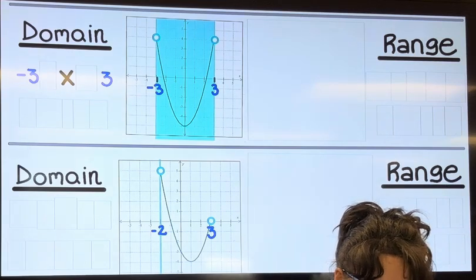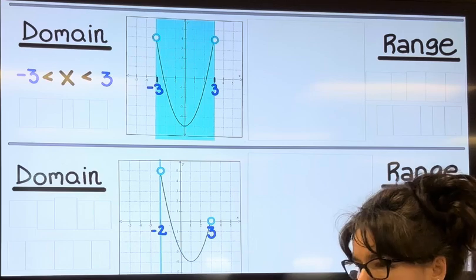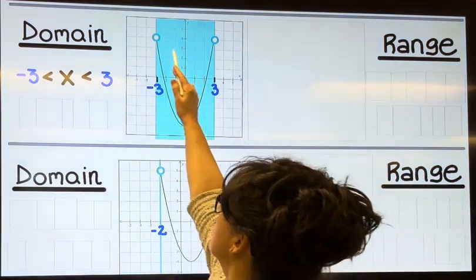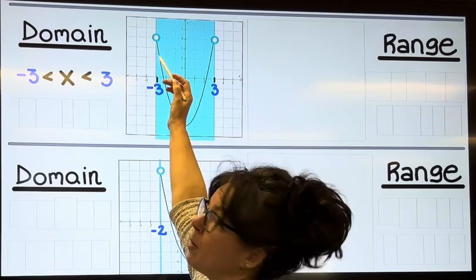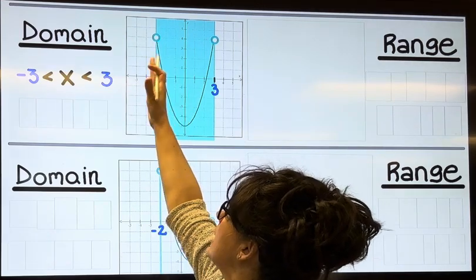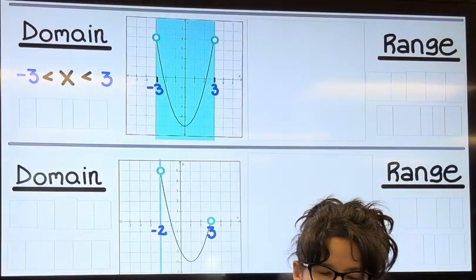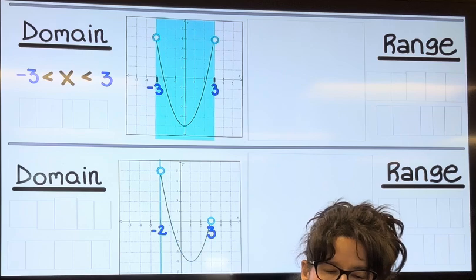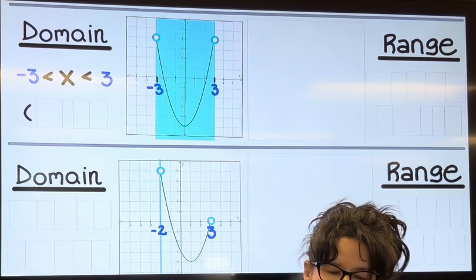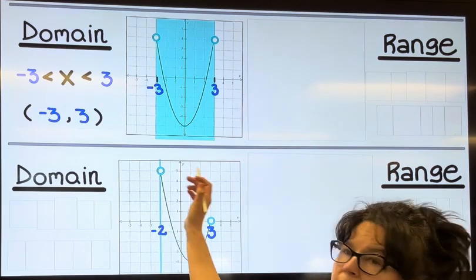My x's are bigger than -3 but smaller than 3, because see how it's an open dot, so I'm on the graph, on the graph, on the graph, but once I get left of -3, I'm not on there, and same with right. So interval notation: plain less than is a parenthesis, then -3, comma, through 3, and then parenthesis.